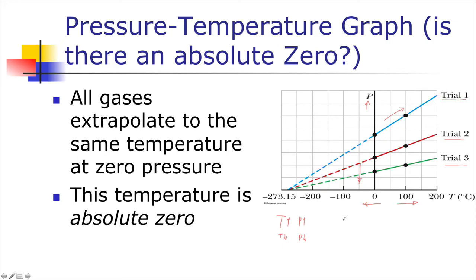What happens at a certain point, if you keep on reducing the temperature to negative 100 degrees Celsius, to negative 200 degrees Celsius, is that the pressure inside a container of the ideal gas changes. Let's say you have an ideal gas packed in a container.